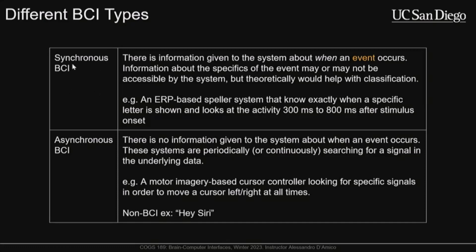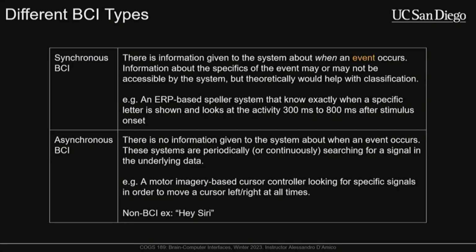We have synchronous, which you can think of as being event locked. So you know when certain events occur. Let's say you know when a user has pushed a button or has started looking at something or has heard a sound, and you are expecting some signal of interest to occur a certain amount of time before or after that stimulus.